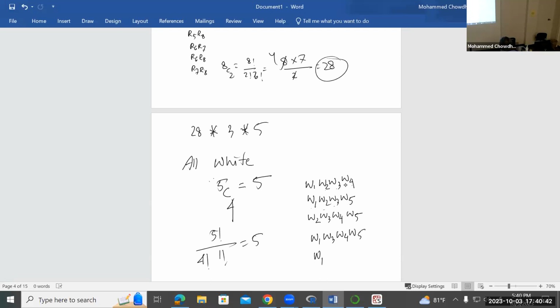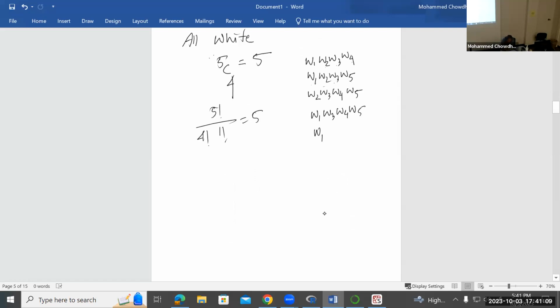Then white 1, white 3, white 4, white 5. Now white 2, white 3, white 4, white 5. Can you find another one?